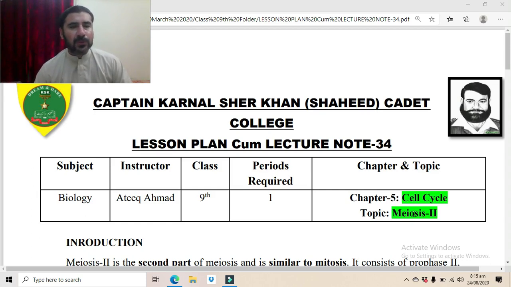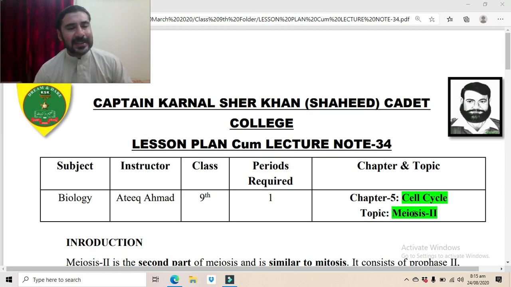Whenever meiosis 1 occurs, one cell is divided into two cells, and each cell receives 23 chromosomes. Those 23 chromosomes have a total of 46 chromatids, and each chromatid has the DNA of one chromosome.